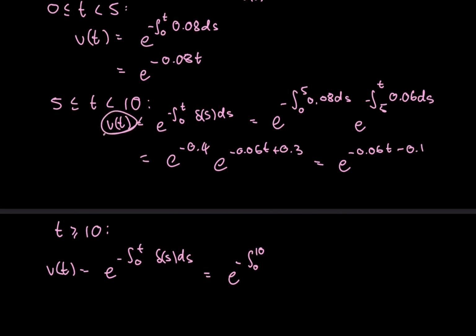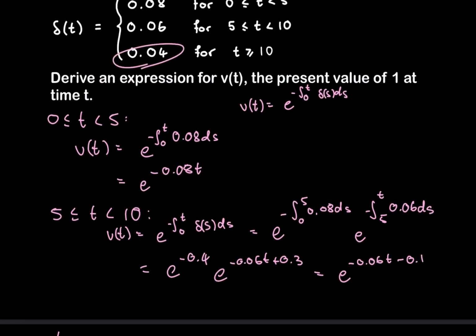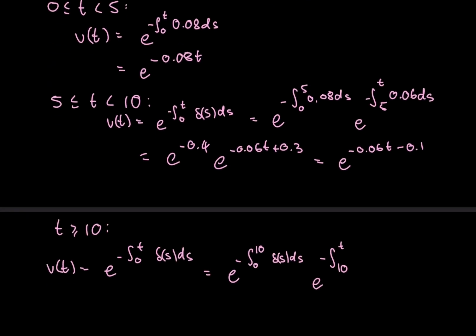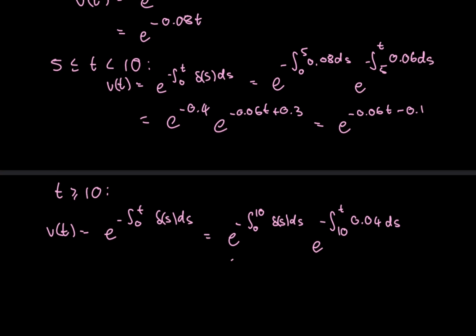So this v of t is the present value at time 0. Okay, so we have delta s ds, and then we integrate from 10 to time t of 0.04, our force of interest, ds. Now this is simply v of 10.